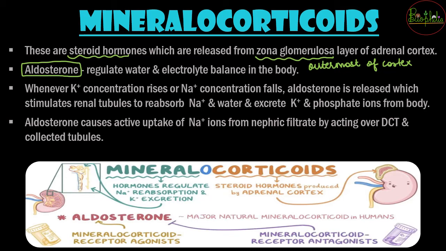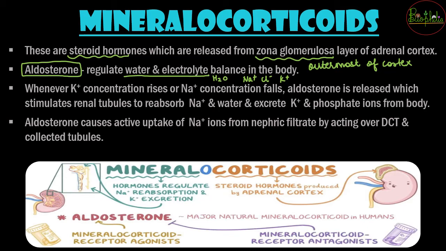This hormone is going to regulate the water and electrolyte balance. So पानी कितना है बॉडी में और कितना सोडियम आयन्स है, कितना पोटेशियम आयन्स है, कितना क्लोरीन आयन्स है, all that ions need to be managed in our body, and that management of water and electrolyte will be done by the hormone aldosterone.